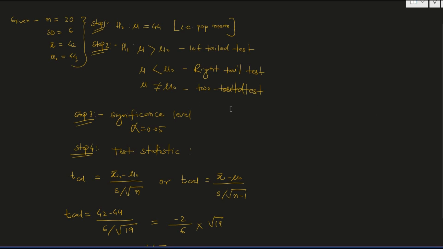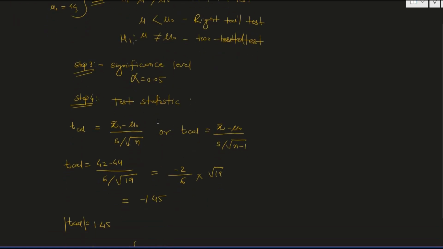We found that it is a two tail test, so the H1 value says the population mean is not going to be equal. If the significance level is not given in the question, we take a confidence interval of 95%, so the significance level will be 0.05.